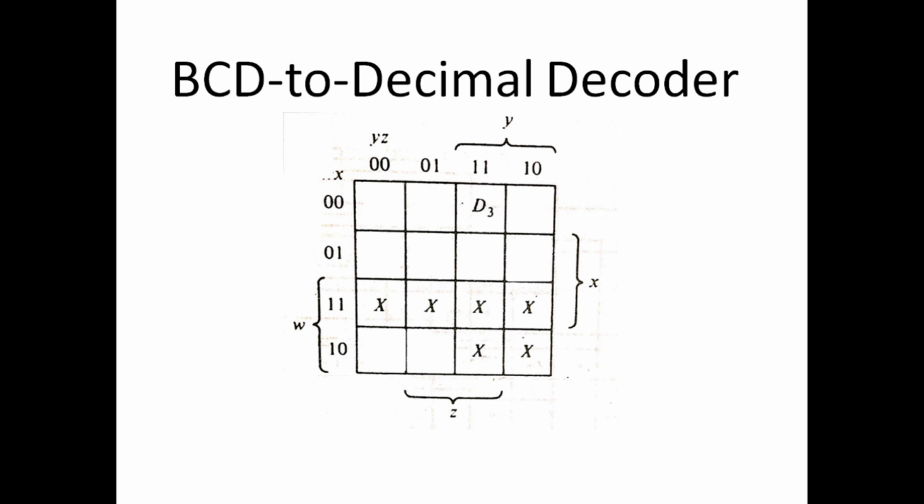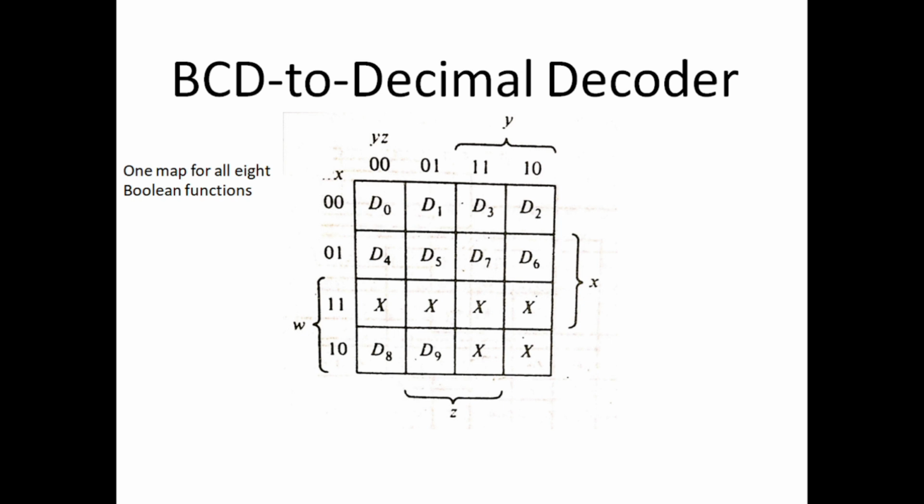Similarly for D2, D3, D4 and for all other output variables of the decoder. And if we continue this, we eventually would come up with a single map, and this map actually is a compact map that represents all the output variables of the decoder.